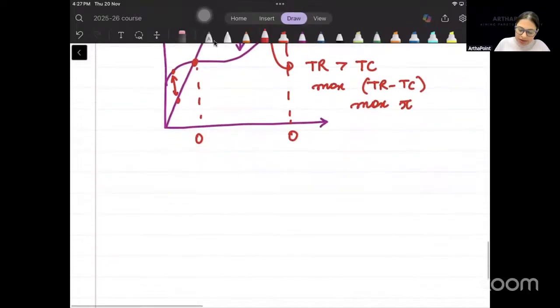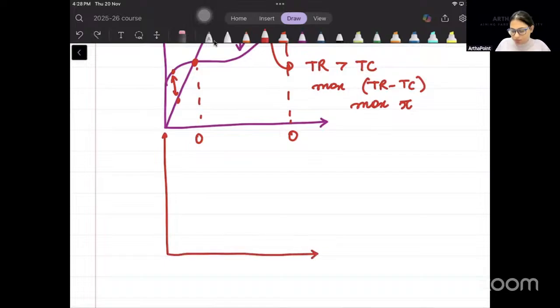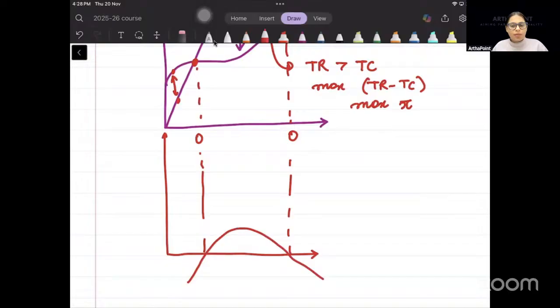Now I go a bit below and I make diagram number 2. I take this zeros here and I make a profit function. Okay. This is where my profit is maximum and positive. Maximum and positive.